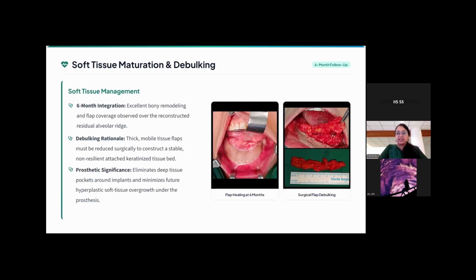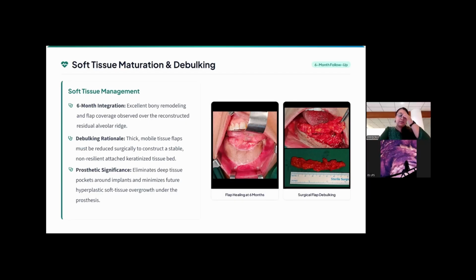As you can see, there is good flap healing seen in the left image. There was good bony remodeling and the flap also covered the proper residual ridge which was there. However, there was a bulky tissue present. So the next procedure was the surgical debulking.